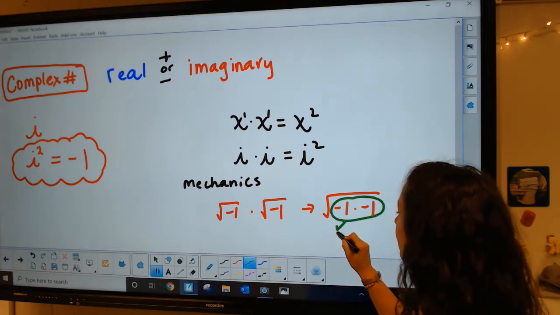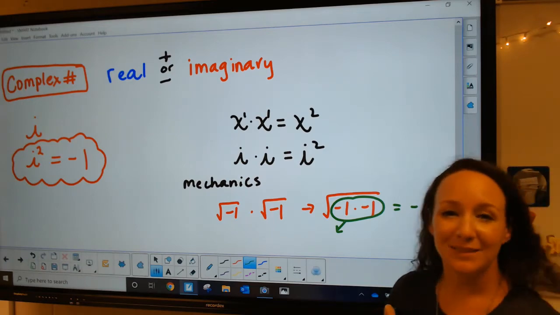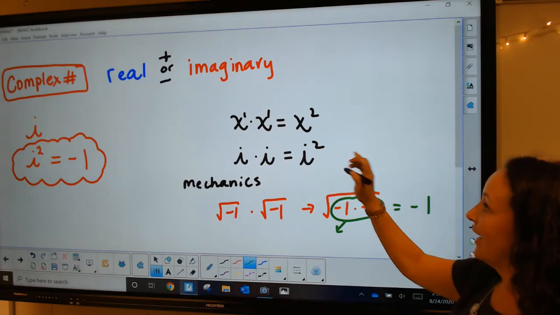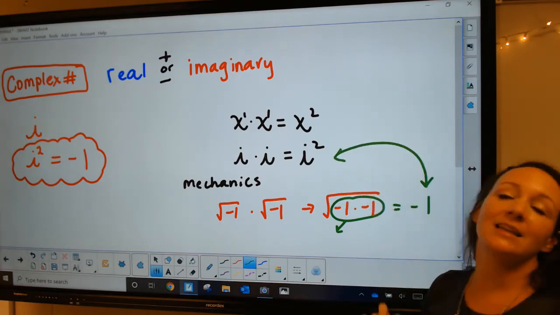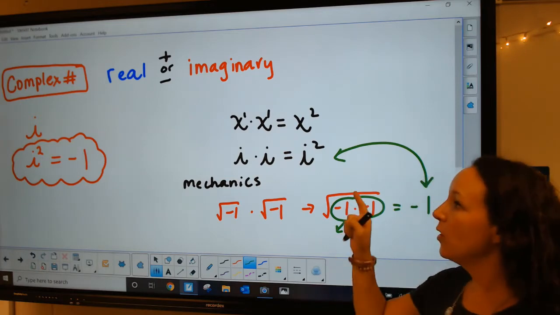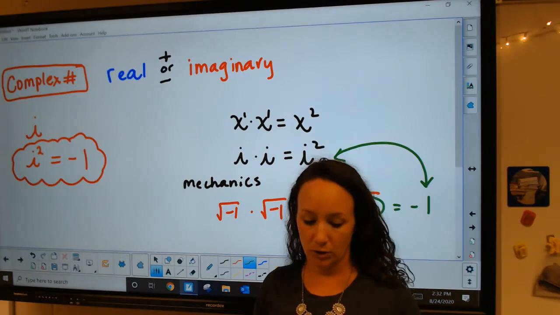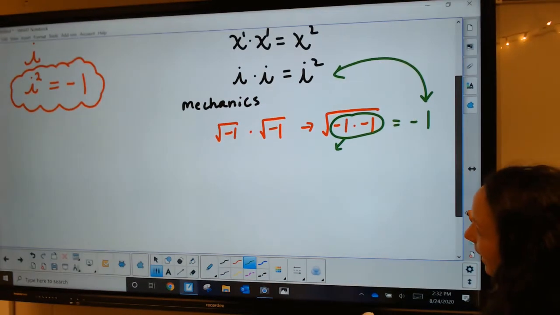Well, one of them comes out. So that's why I squared is -1. They mean the same thing. So we're going to use that idea today that I squared is -1, and it's going to be part of our answer there at the end. So let's look at that.